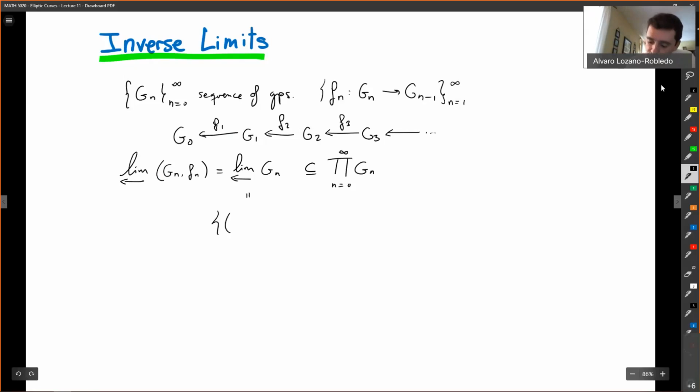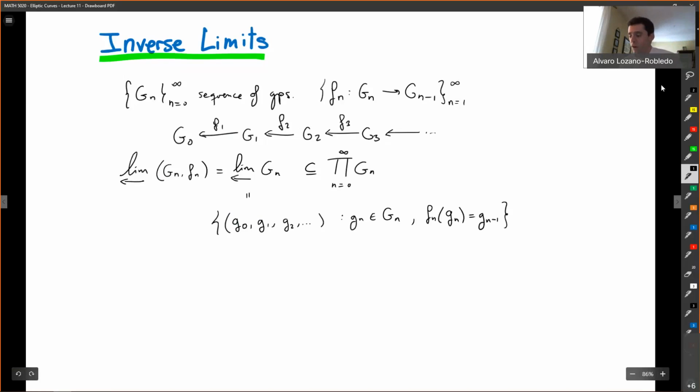So there are infinite sequences of elements, one in each of the groups, such that via the maps, each one goes to the previous element. So if I have Fn and apply it to Gn, I should get Gn minus 1.